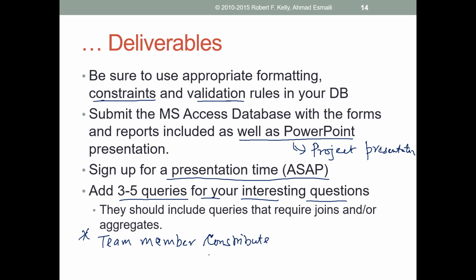Often I had the complaint from the project team that so and so did not work. We were 3 in the team, but only 2 of us worked, the third person did not work. So this point, that team member contribution is important. That way I believe every student in the team would be forced to contribute.